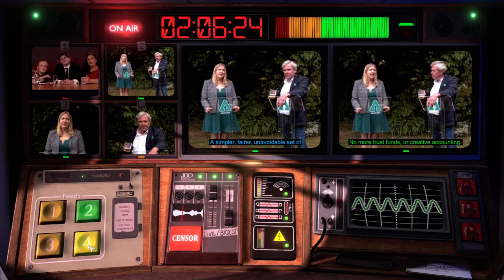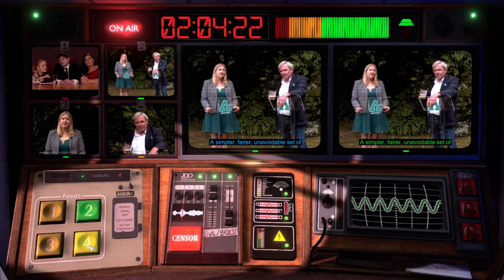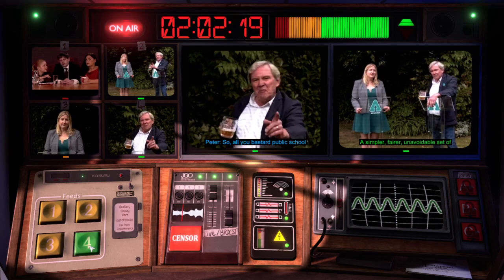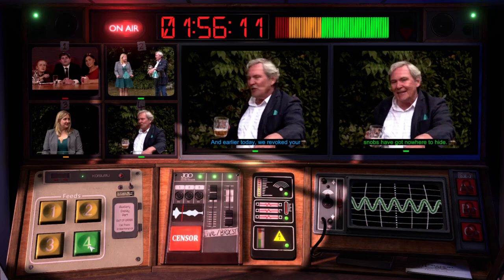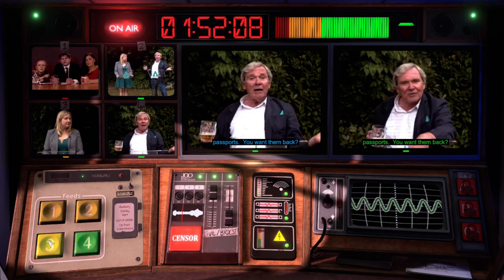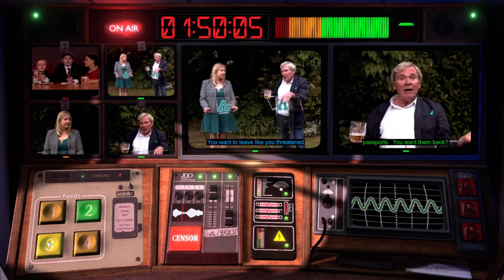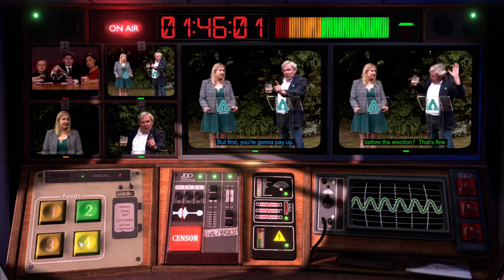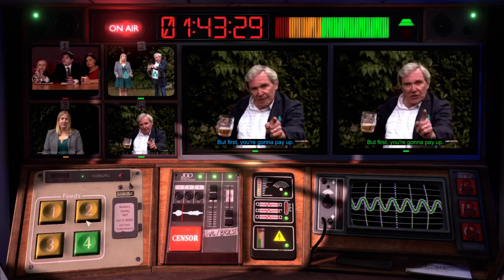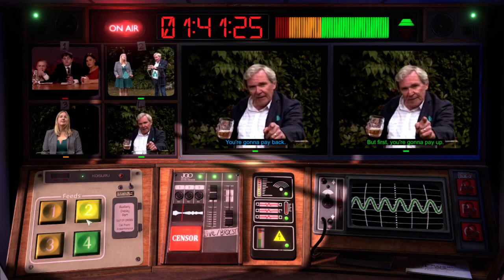A simpler, fairer, unavoidable set of tax laws. So all you bastard public school snobs have got nowhere to hide. And earlier today, we revoked your passports. You want them back? You want to leave like you threatened before the election? That's fine. But first, you're going to pay up. You're going to pay back.